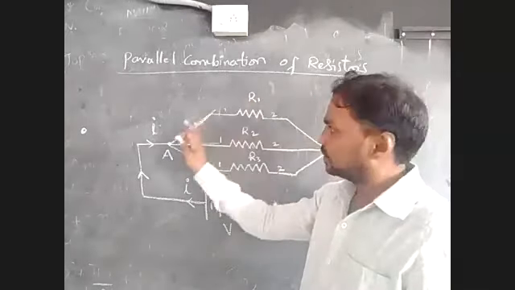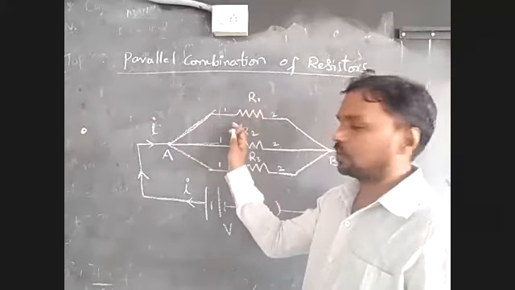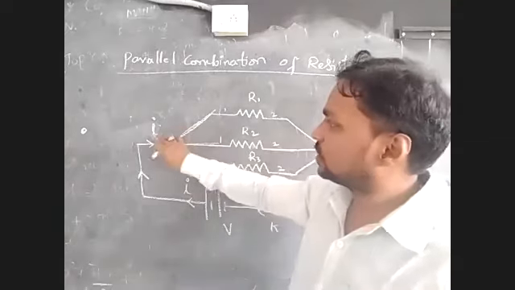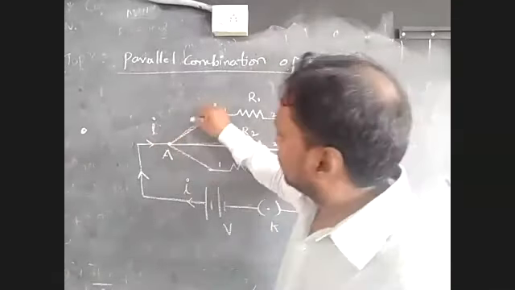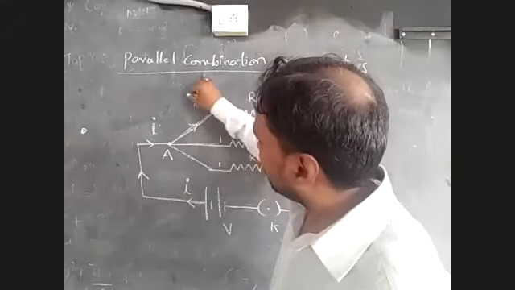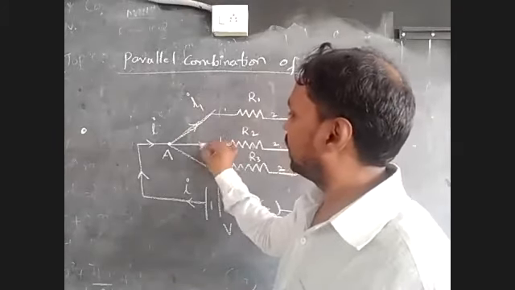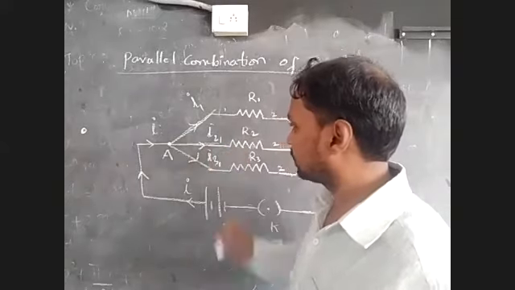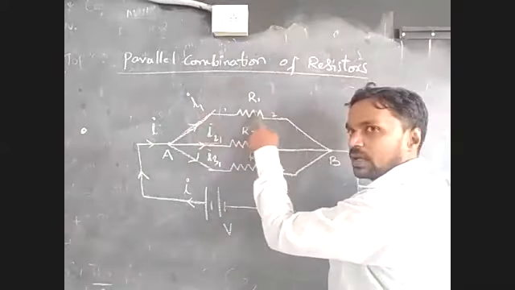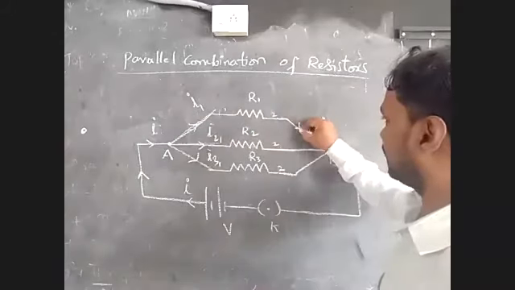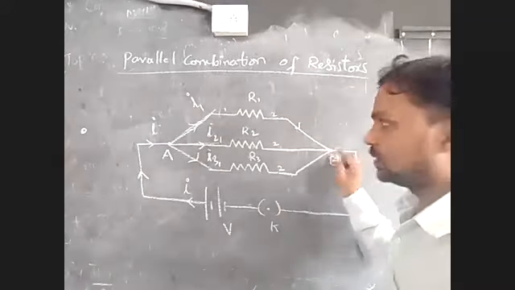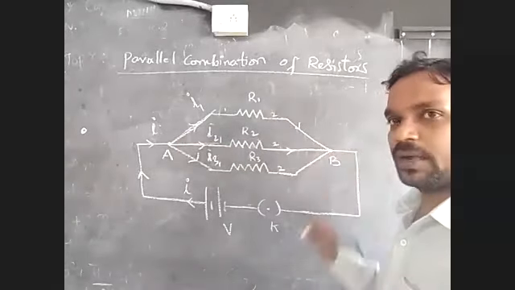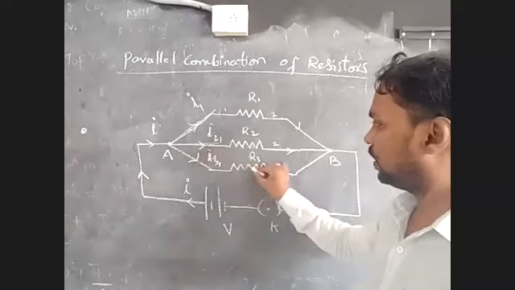Through R1, suppose I1 is flowing, through R2, I2 is flowing, through R3, I3 is flowing. So this total is nothing but I. I1 flows through R1 and reaches point B. Similarly, I2 is flowing through R2, coming here and reaching point B. Similarly, I3 is flowing through R3.